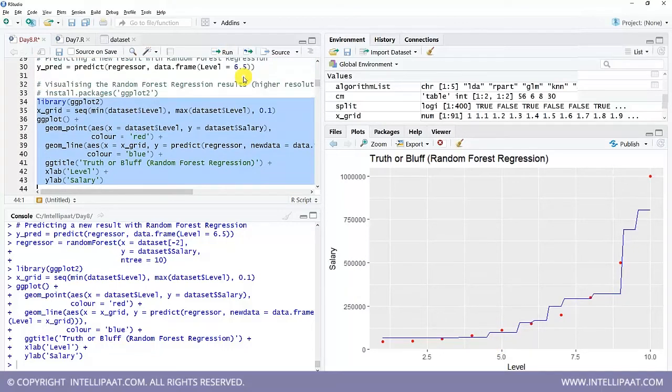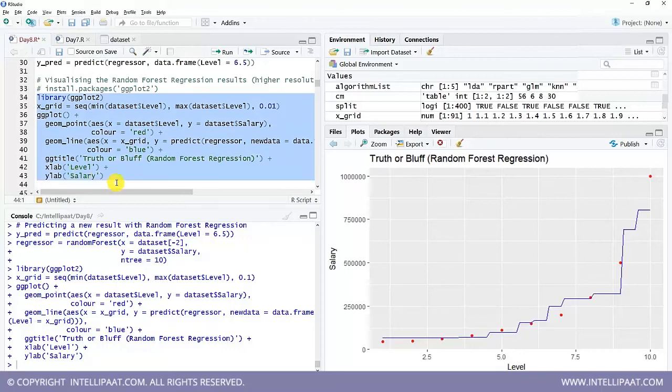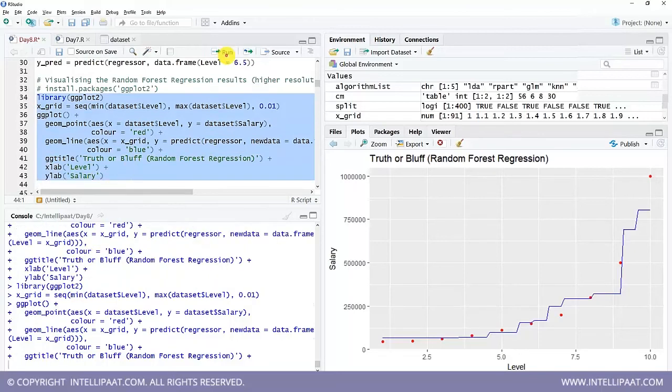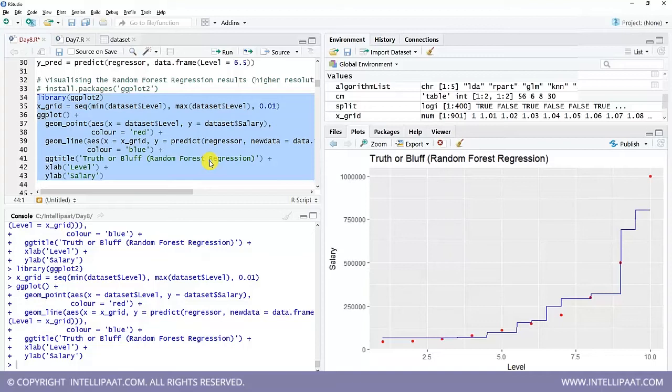For that, we increase the resolution to 0.01 and try to do it again. So this is better, right? This is better in terms of how it looks, but in terms of prediction for 6 to 6.5, it is around 250K.